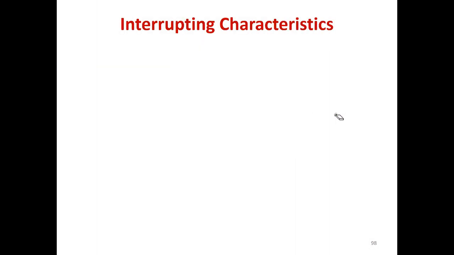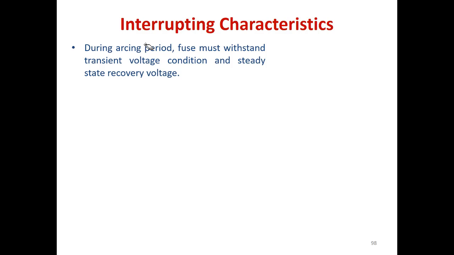Next is the interrupting characteristic. The interrupting characteristic is the time taken by the arc to be stuck because of the deionization after the melting. During the arcing period, the fuse must withstand the transient voltage condition.